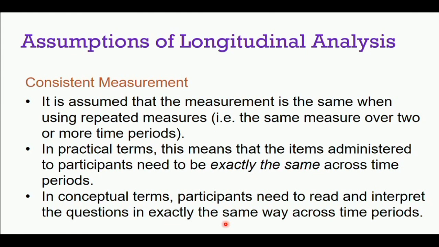So developmentally appropriate questions for grade 6 would be different to developmentally appropriate for year 1, but then you've changed the wording, so maybe you've got some problems here. So if you're not having consistent measurement either in the time interval or in the type of measure, then that is a threat to your validity.